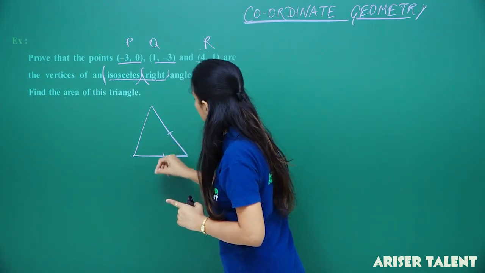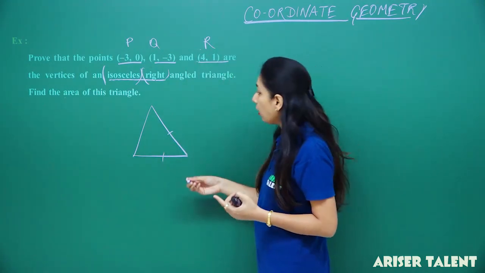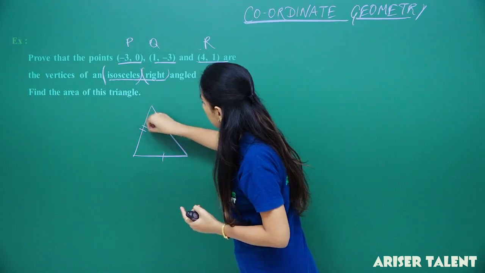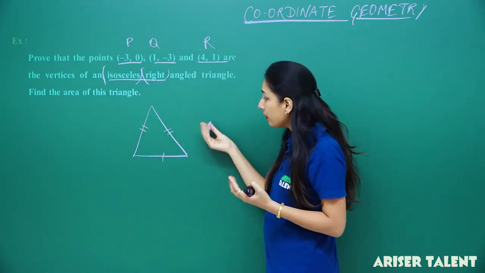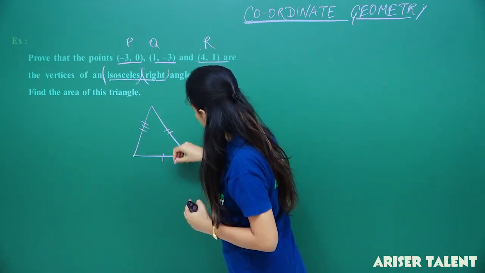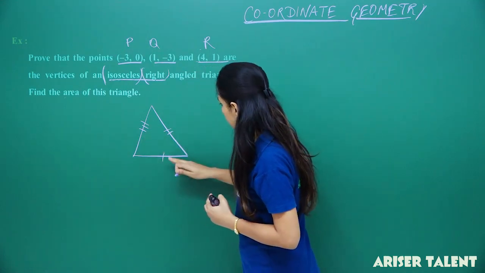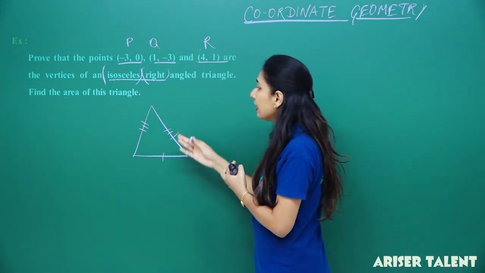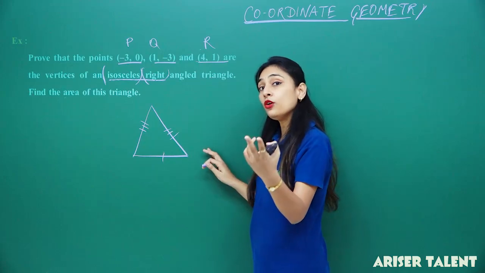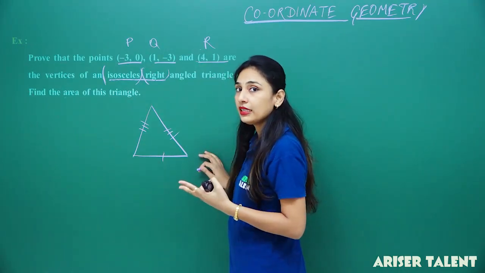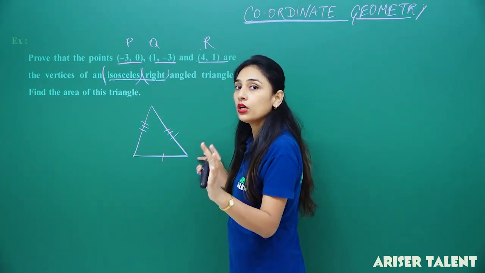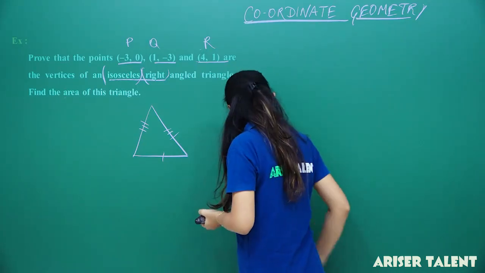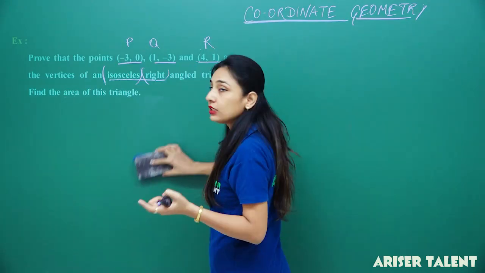Either this and this will be equal, or maybe this equals this, or maybe this equals this. So there are 3 patterns. Any two sides may be equal to each other. Okay, so we have to prove this first.